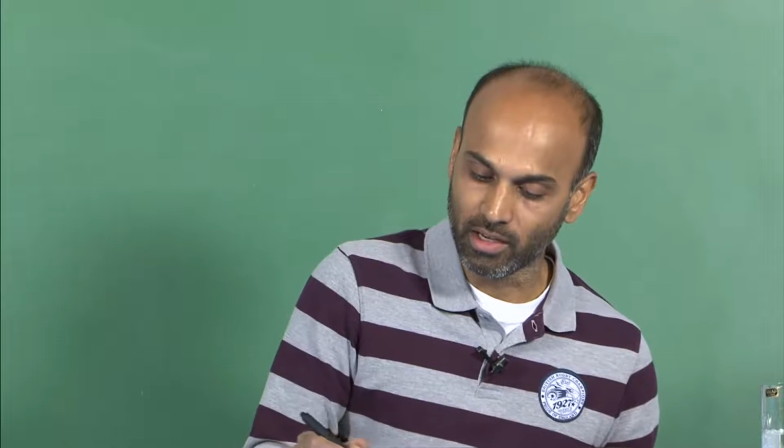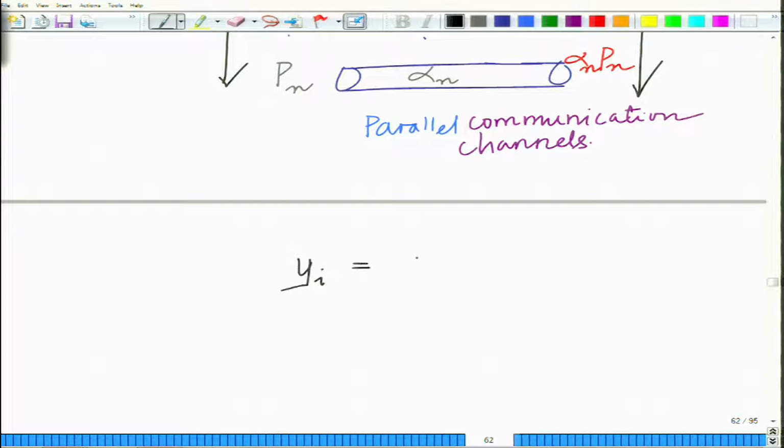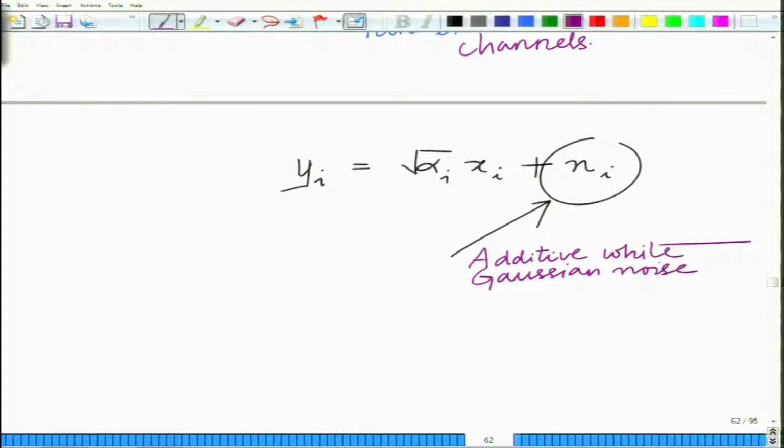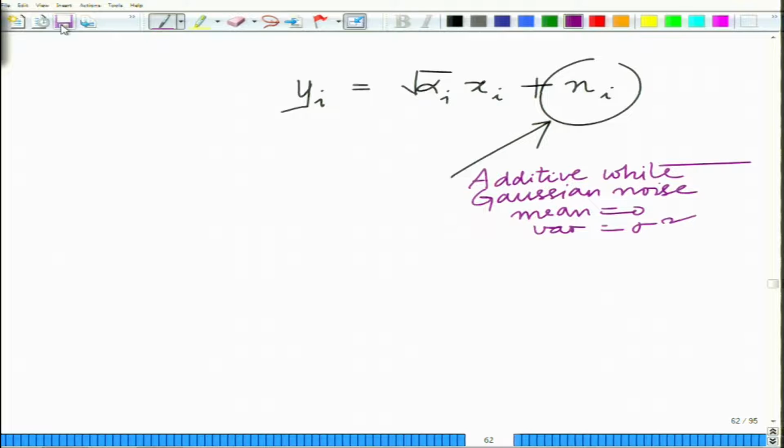So, we have this channel, that is yi equals, you can think of it as square root of alpha i, because alpha i is the gain in power, square root of alpha i times xi plus ni, where this quantity ni is the additive white Gaussian noise, with mean equals 0, variance equals sigma square. So, noise power is sigma square for each channel.